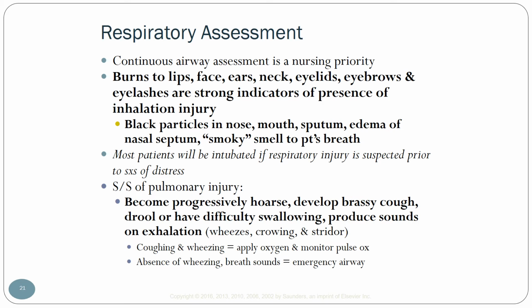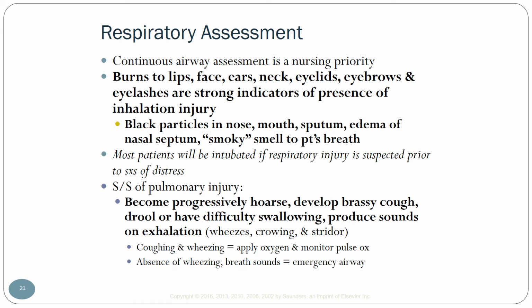So, the signs and symptoms of pulmonary injury that you want to be especially aware of, and make sure you remember these: The patient is going to become progressively more hoarse. They may be hoarse to begin with, but their voices become more and more gravelly. They're going to have a brassy, nagging, continuous cough. They may drool or have difficulty swallowing.